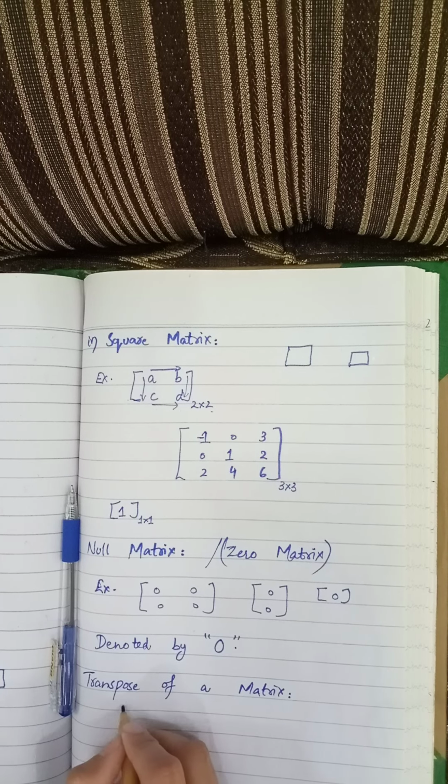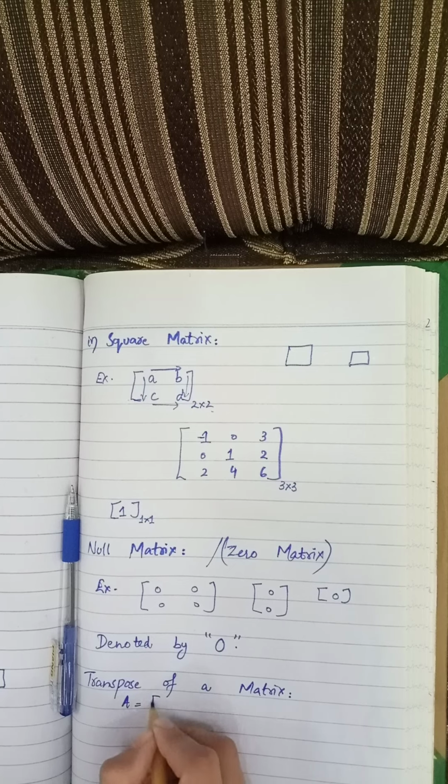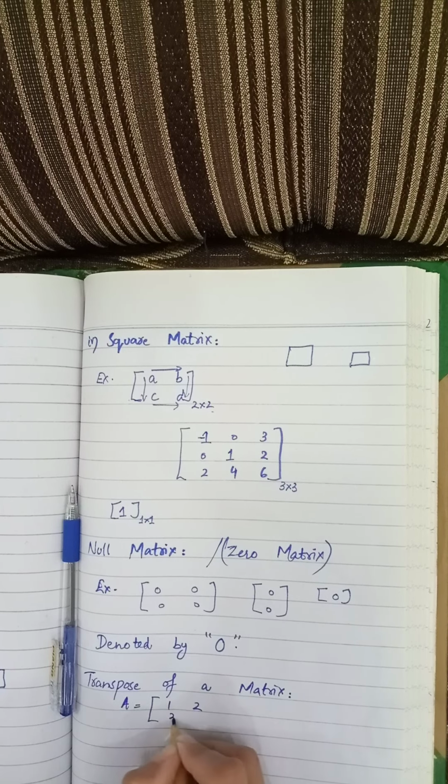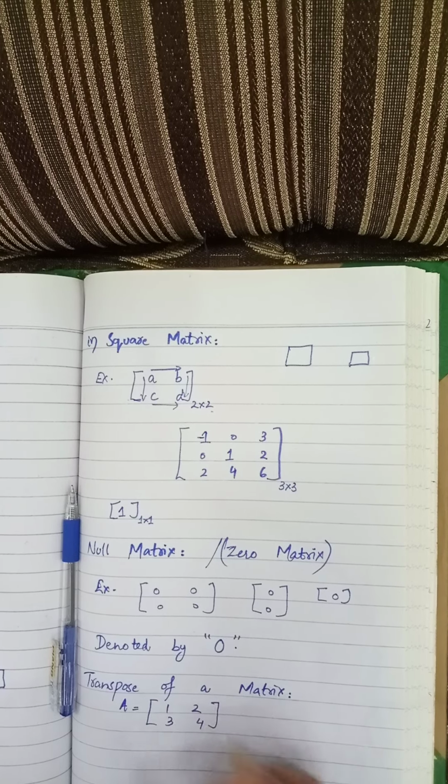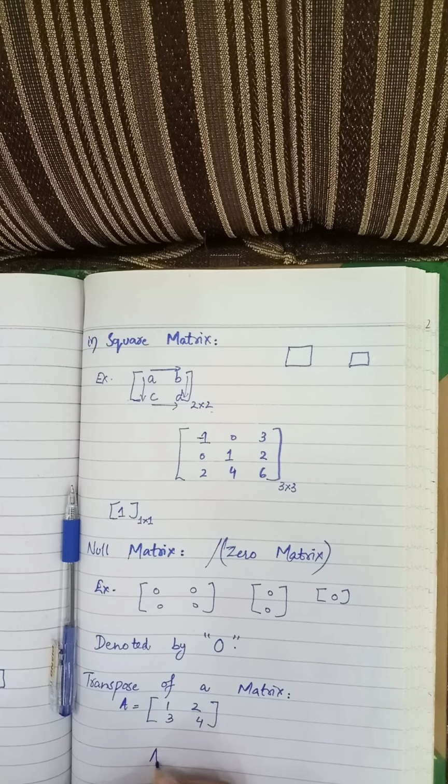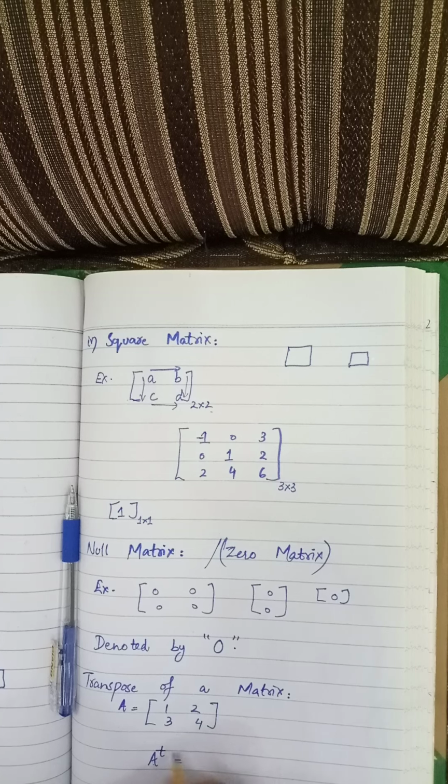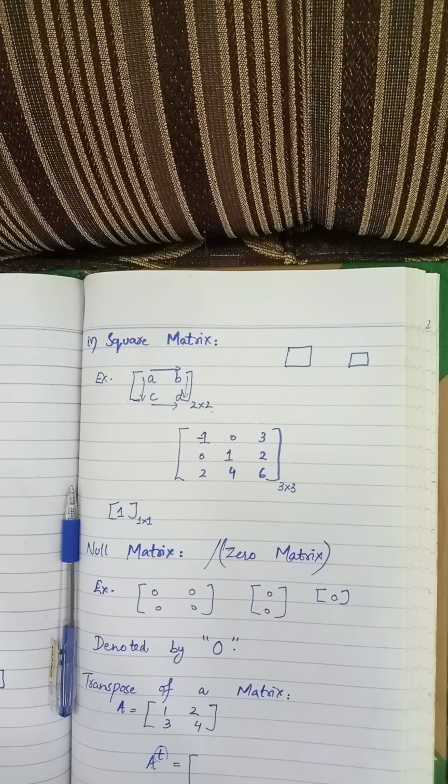Let's suppose we initially have a matrix A. Then the transpose of A would be denoted by A and T. How will we get it?